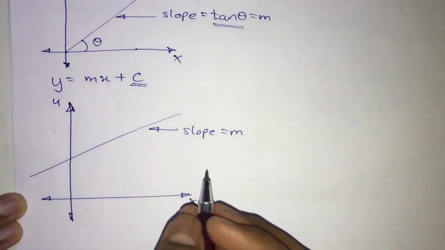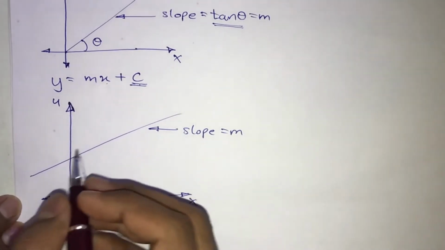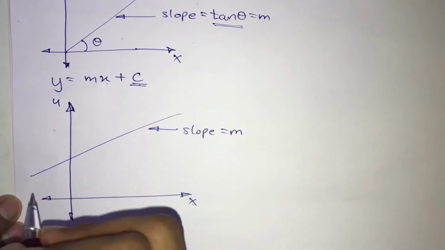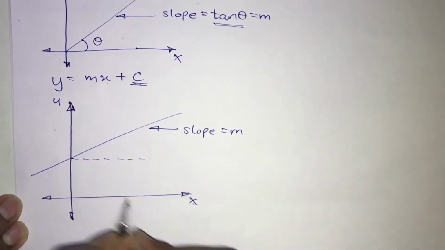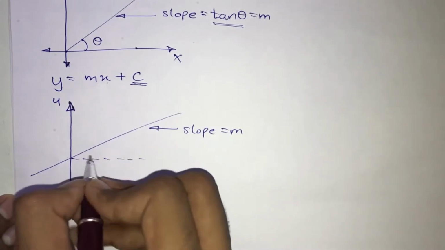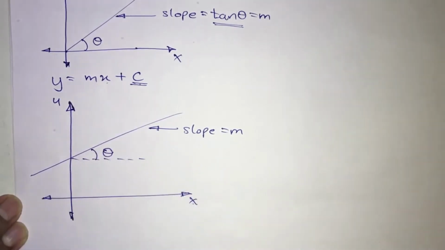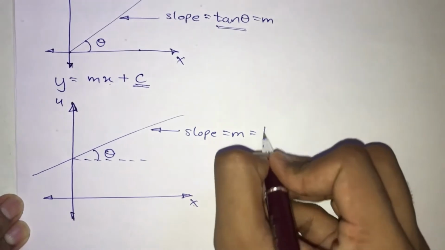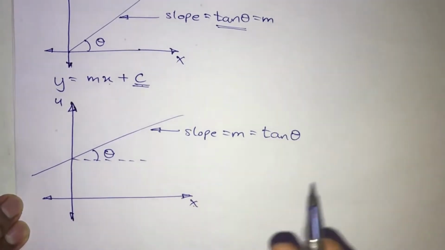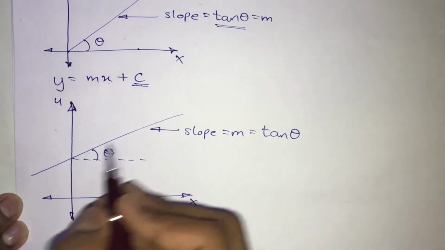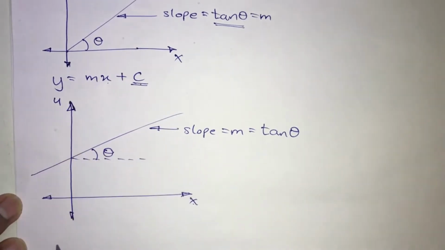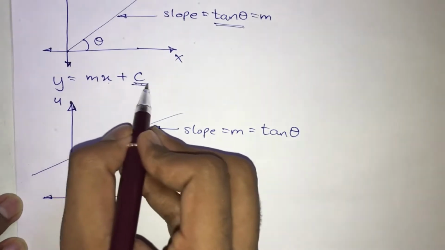Okay, so now you might be wondering how can we find out the theta to find out the slope of a line. So for that you need to draw a dotted line which is parallel to the x-axis, and this angle theta is used to find out your slope. So if you find out the tan of this angle, you will get the slope of this line which is cutting the y-axis. Okay, now what is this c?